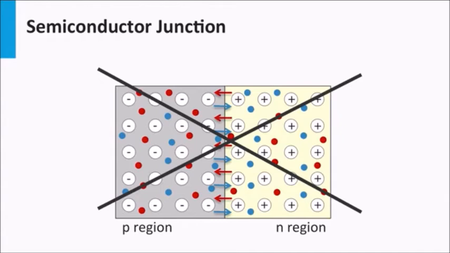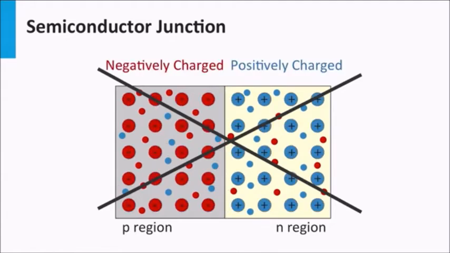But why not? Because we have not considered the second transport mechanism, which is based on the electric field, drift. Let's consider the homogeneously distributed charge carriers as shown here. Are the p region and the n region neutrally charged? The answer is no. The p region is negatively charged.